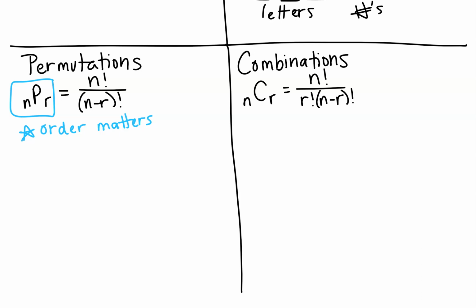Is sitting in the seat on the right different than sitting in the seat on the left? Is me giving a gift to you different than you giving a gift to me? Yes. Is me shaking your hand different than you shaking my hand? No. So remember, handshakes, that's something that would be a combination. Combinations are when we choose as a group.